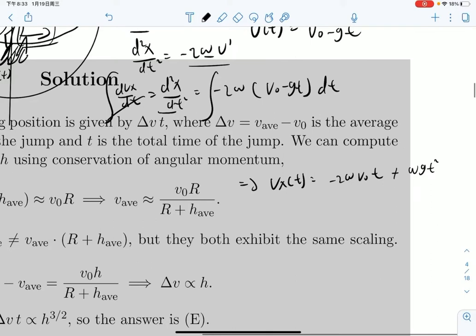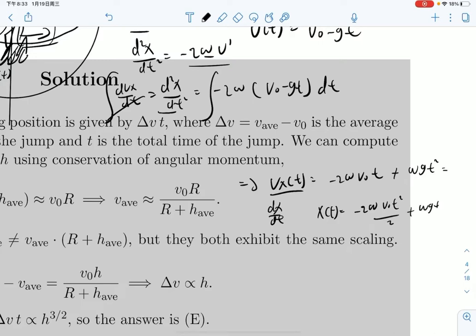And if you take the integral again, and you know vx(t) is equal to dx/dt, you will have x as a function of time is equal to 2 omega v0 t squared divided by 2 plus omega g t cubed divided by 3.